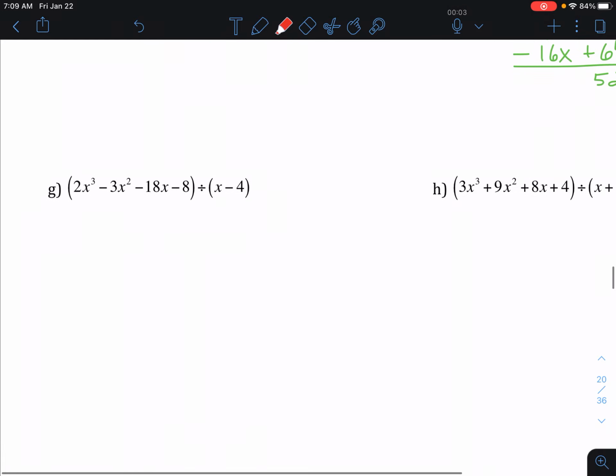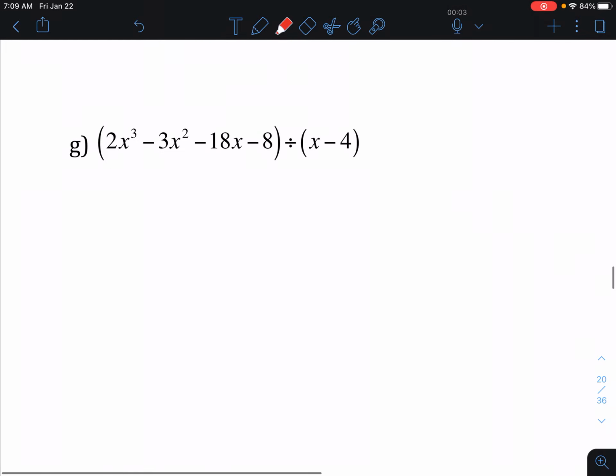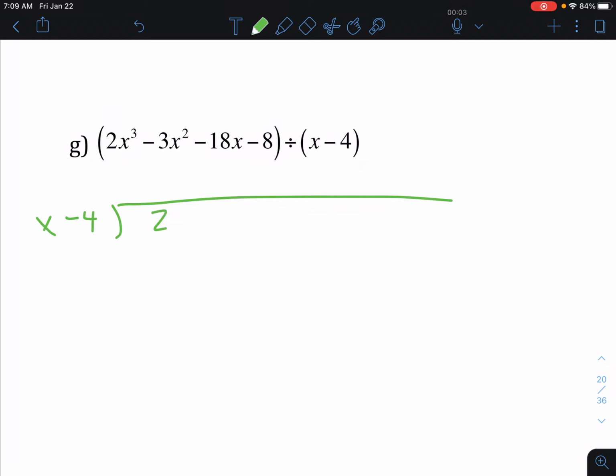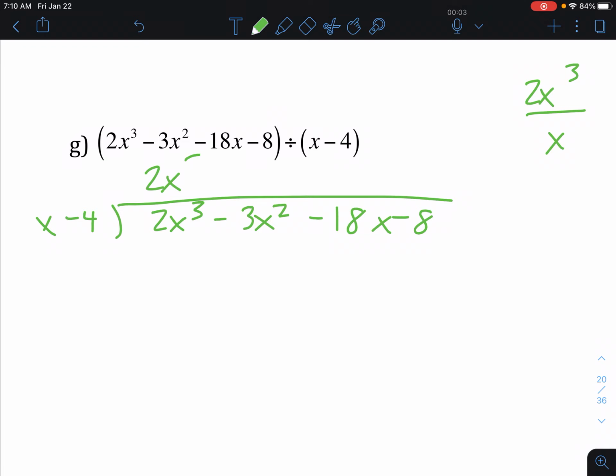All right, another one. First term divided by first term. That'll be 2x to the second. Put it anywhere on top.